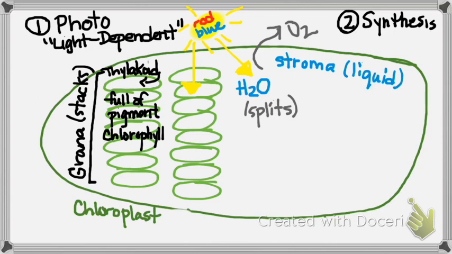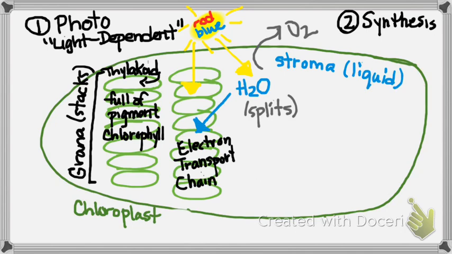Now you still have the hydrogens and some electrons left from the water, okay, because only the oxygen left. They are actually going to go here to the thylakoid. They get transferred there into a structure that is on the membrane of the thylakoid called the electron transport chain.